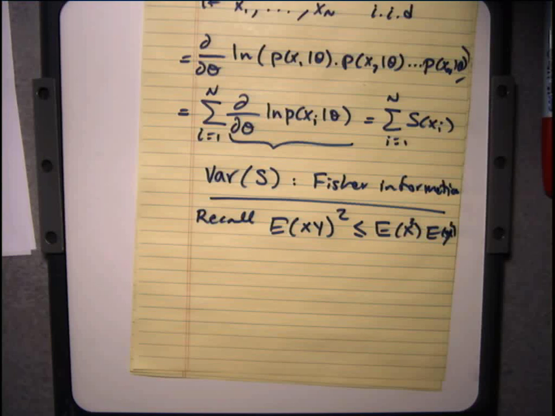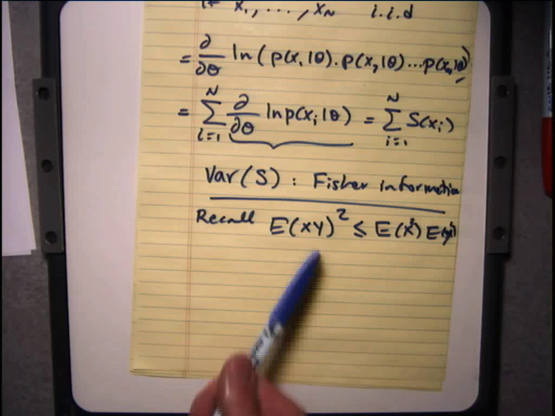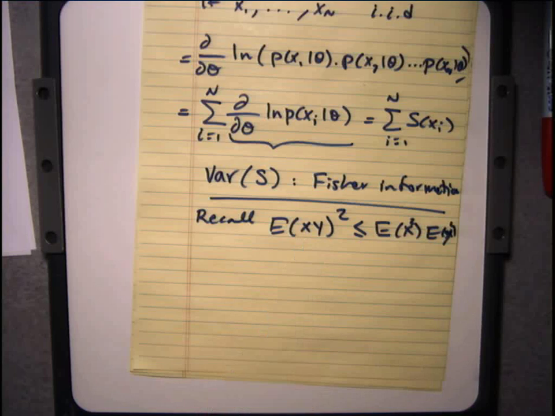This is called the Cauchy-Schwarz inequality in mathematical analysis. What it says is that if you take the inner product of two vectors, the square of that inner product is less than the product of the squares of these two terms.